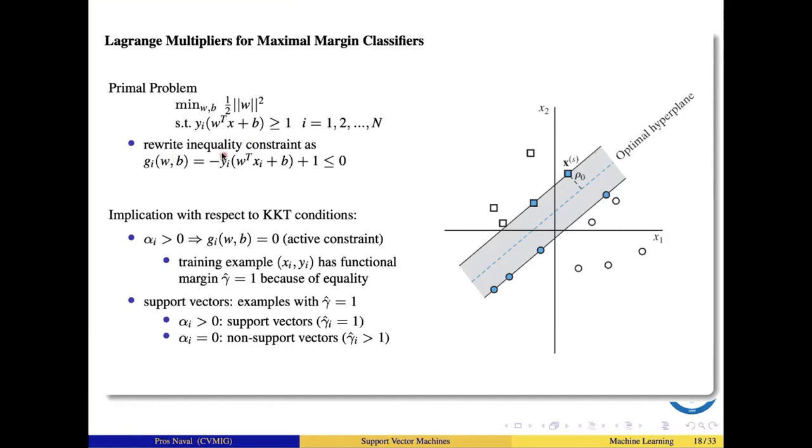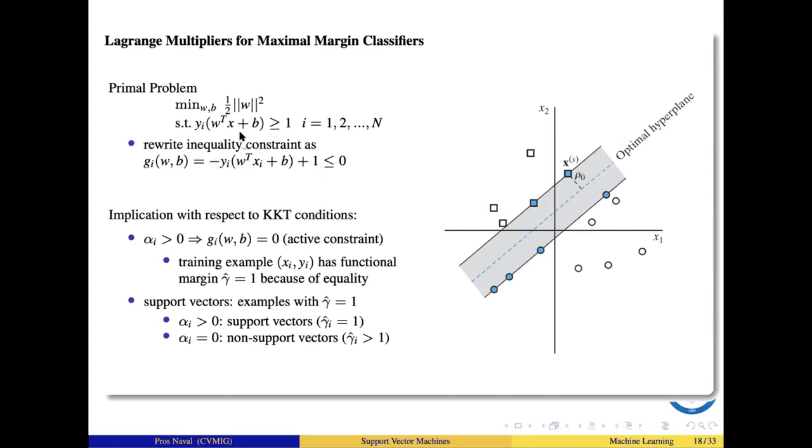Now we rewrite the inequality constraint as this. So this is now g_i(w, b) less than or equal to 0, because we move 1 to the other side, and then we invert the sign, multiplying by minus.